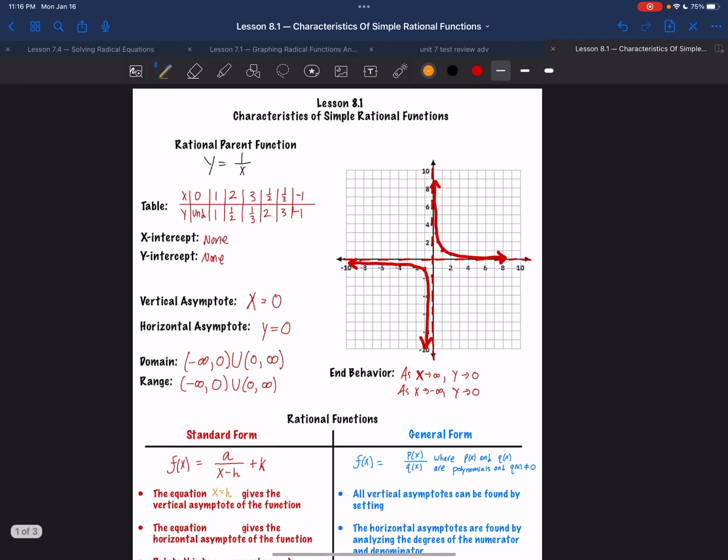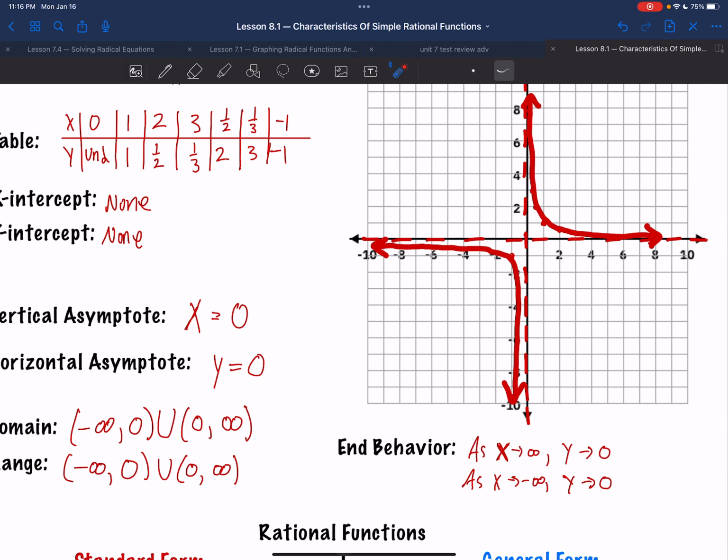Think about it. The vertical asymptote is this line at x equals 0. Now, if I shift that, let's say, right 3, then my vertical asymptote is now here, because all of this got shifted over right 3. So the asymptote gets shifted as well.